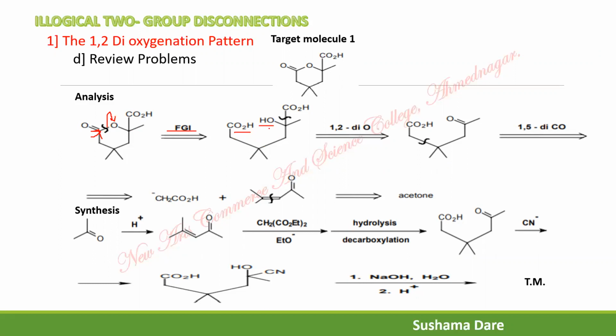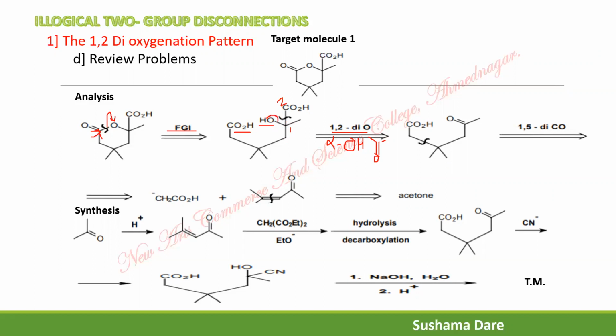Now, what relation is generated here? Hydroxy group is there, so you number this carbon as number 1 and this is number 2. So this is nothing but a 1,2 dioxygenated pattern. But among that, which relation is it? It is an alpha hydroxy carbonyl compound. Whenever you have an alpha hydroxy carbonyl compound, the hydroxy group acts as a guiding functional group.